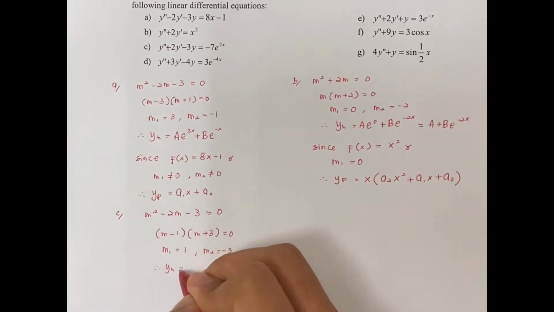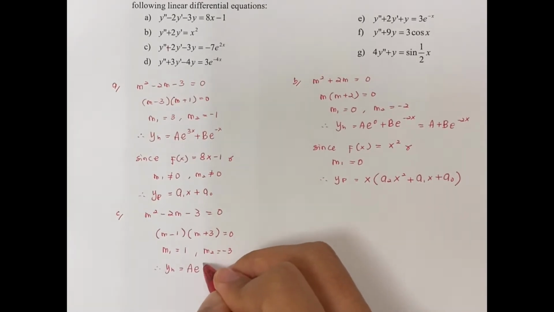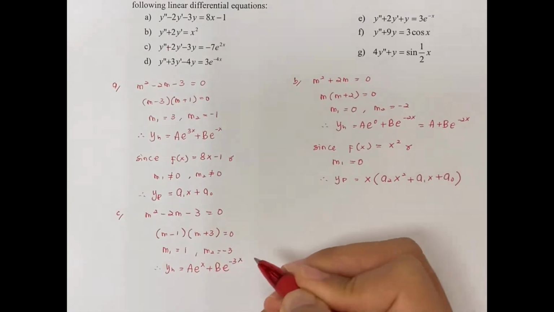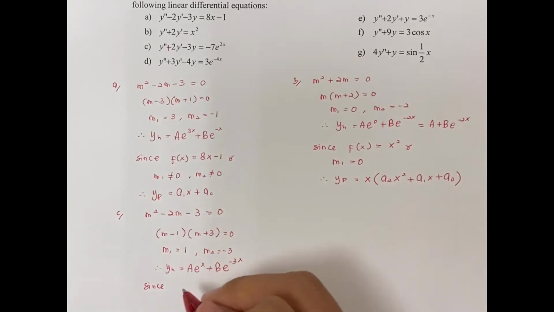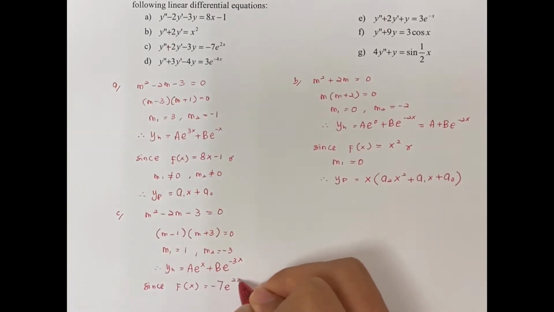YH is A exponent x plus B exponent minus 3x. To find YP, again, consider your fx. What is your fx? Fx is negative 7 exponent 2x.